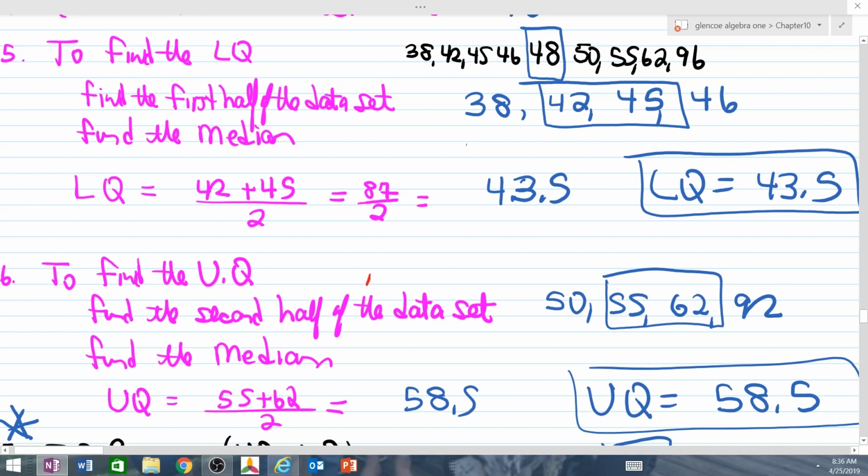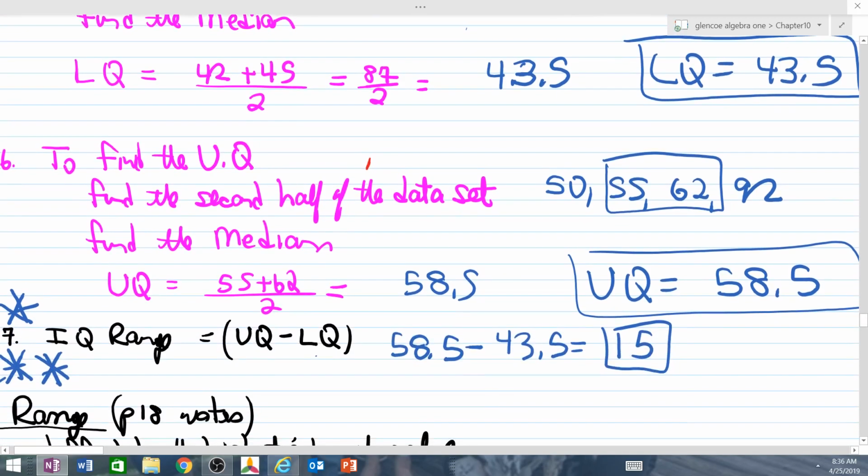To find the upper quartile, again we use the data in order from least to greatest, and we're going to use all values that are greater than the median, which would be 50, 55, 62, and 92.